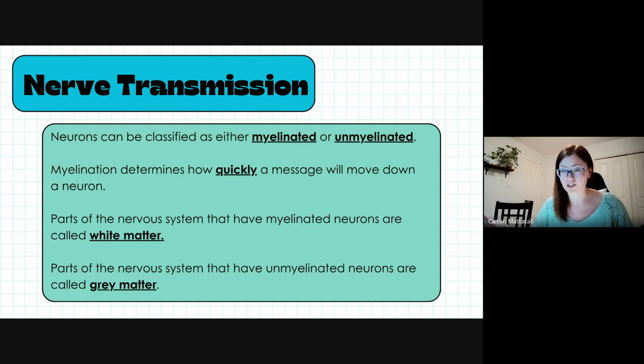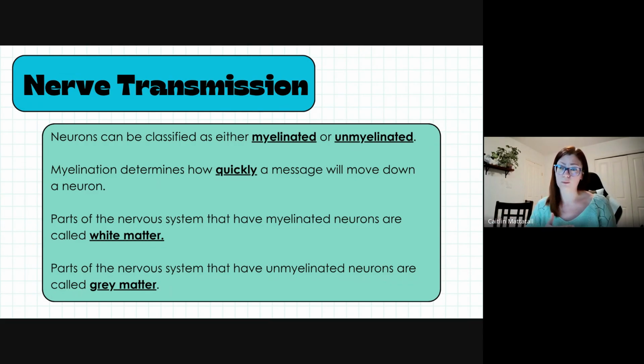And when we get into action potentials in a couple days, that'll make a little bit more sense. We do refer to the myelinated neurons in the nervous system as white matter and the unmyelinated neurons as gray matter. And the reason they have those terms is just because of what they look like under an MRI and a CT scan. Parts of them look a little bit more gray.